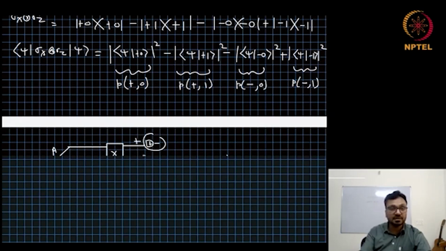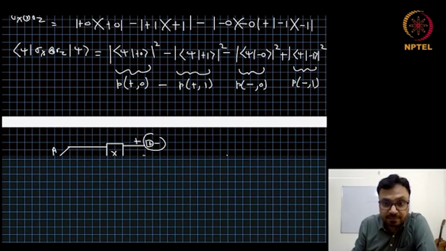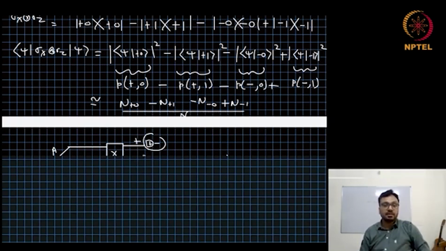This can be seen from the spectral decomposition of sigma x and sigma z. And with this, we can calculate the expectation value of sigma x tensor sigma z. This can be written as n plus 0 minus n plus 1 minus n minus 0 plus n minus 1 over the total number of pairs of qubits, n.